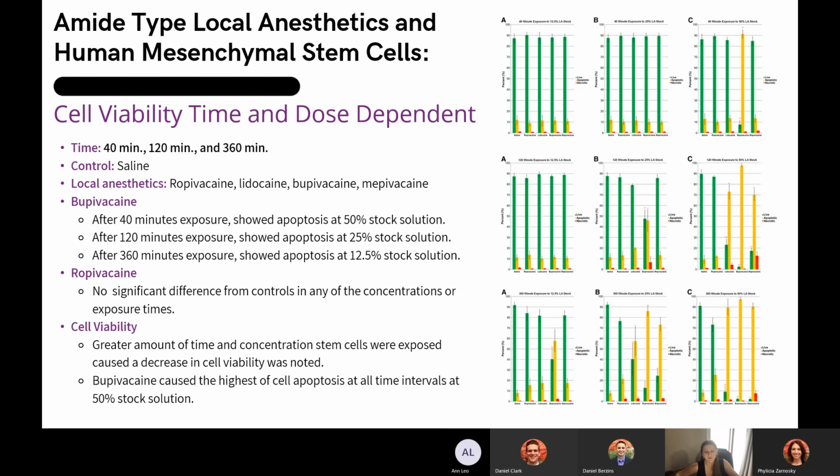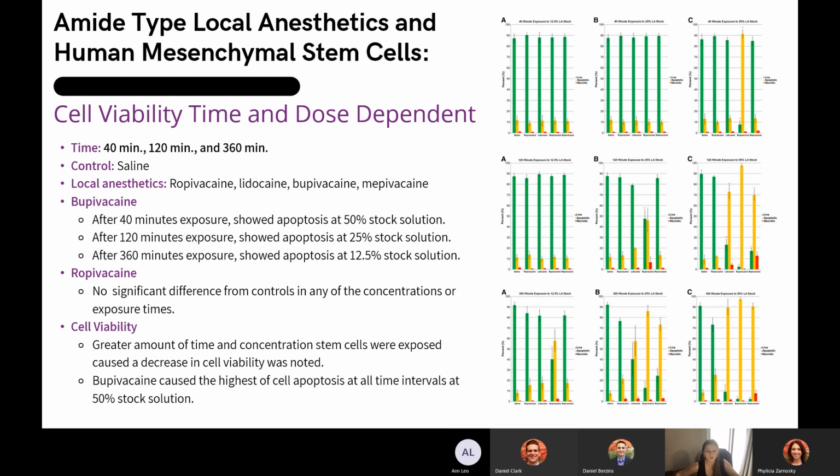The longer the time stem cells were exposed and the higher the concentrations of local anesthetics used resulted in an increase in stem cell death. The first set of graphs shows the results after 40 minutes of exposure. Apoptosis, or cell death, of the human mesenchymal stem cells was only evident following treatment with bupivacaine at 50% of the stock solution.